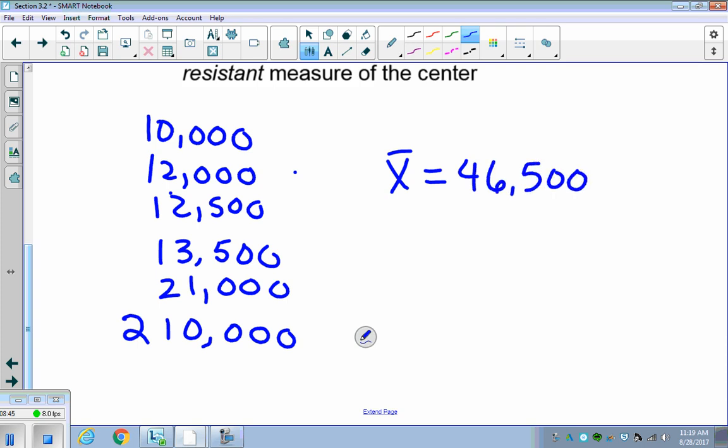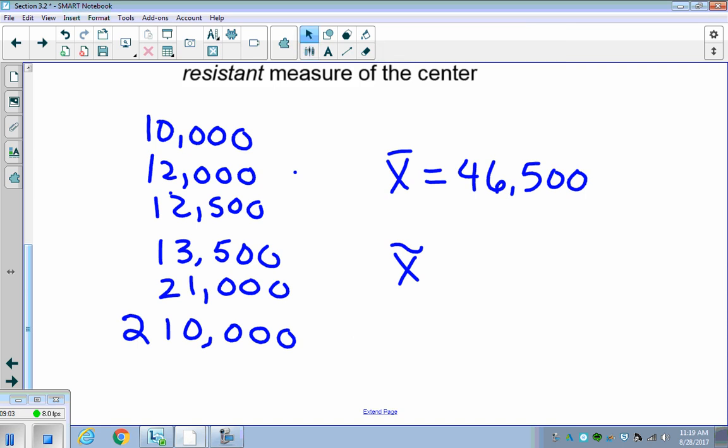$46,500 is X bar, the mean, right? But now, if I want to find the median, I've already listed them in order, correct?